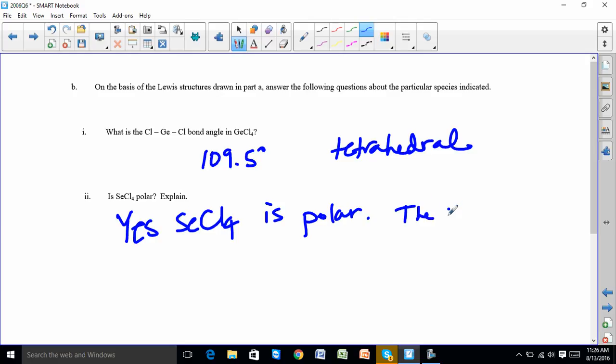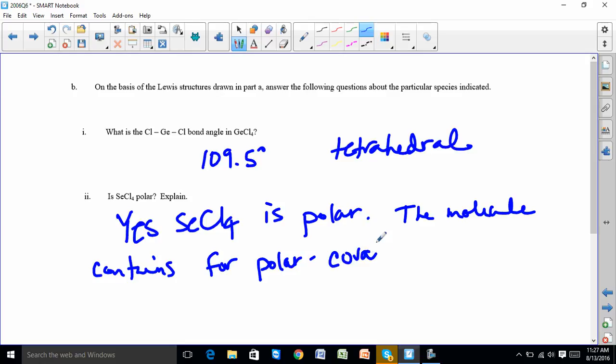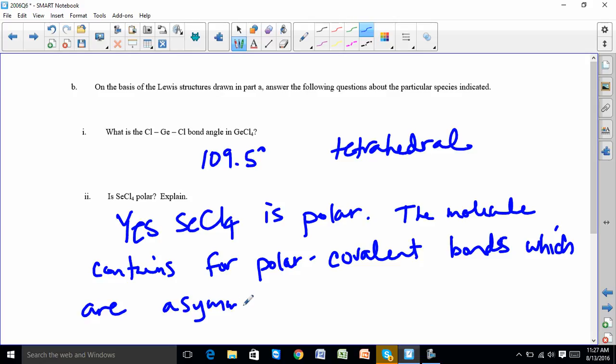The molecule contains 4 polar covalent bonds. Remember, that means you have an electron shift towards the more electronegative element, which are asymmetrically arranged.